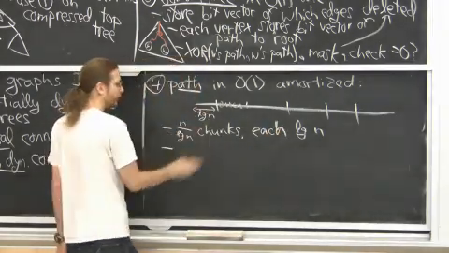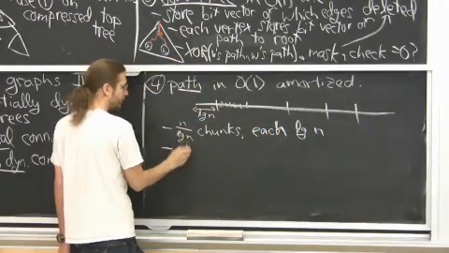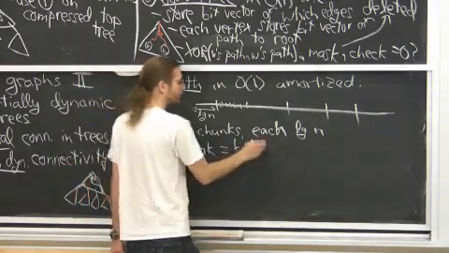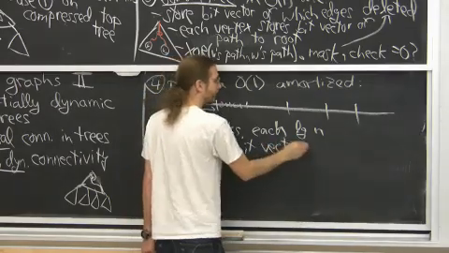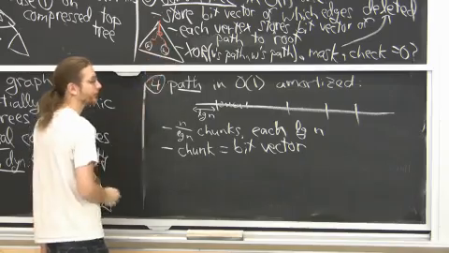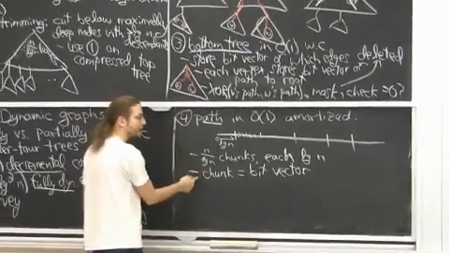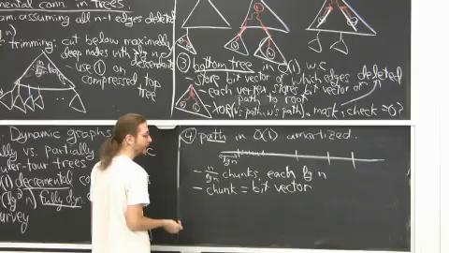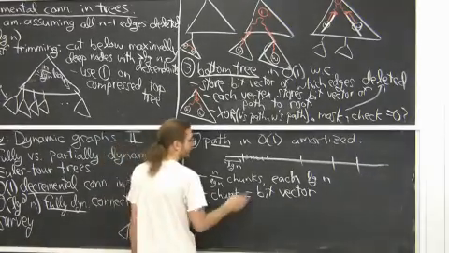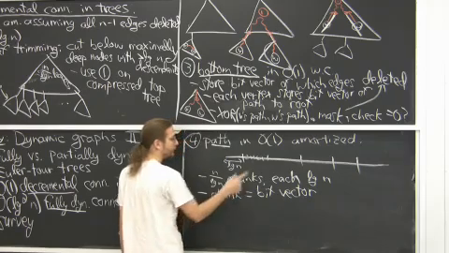And I'm going to store each chunk as a bit vector. Bit vector has log n bits. W is at least log n, so I can do the same sort of things I could do before. If I delete an edge, I set a 1 bit in the chunk bit vector. Okay, now that's good for local queries.